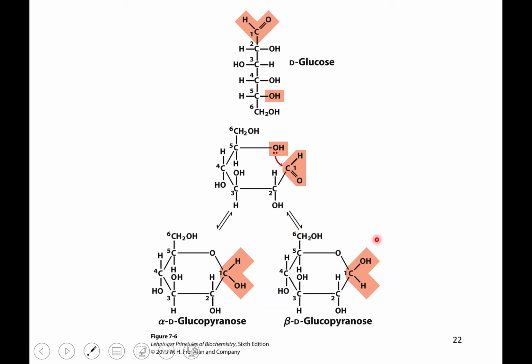They're on the same side. That's what we determine as the beta anomer. And if the OH is on the opposite side, that's kind of like a trans isomer, and that's what we refer to as the alpha anomer. So these ring structures we'd call beta-D-glucopyranose and alpha-D-glucopyranose. That term pyranose is telling you it's in a ring structure.